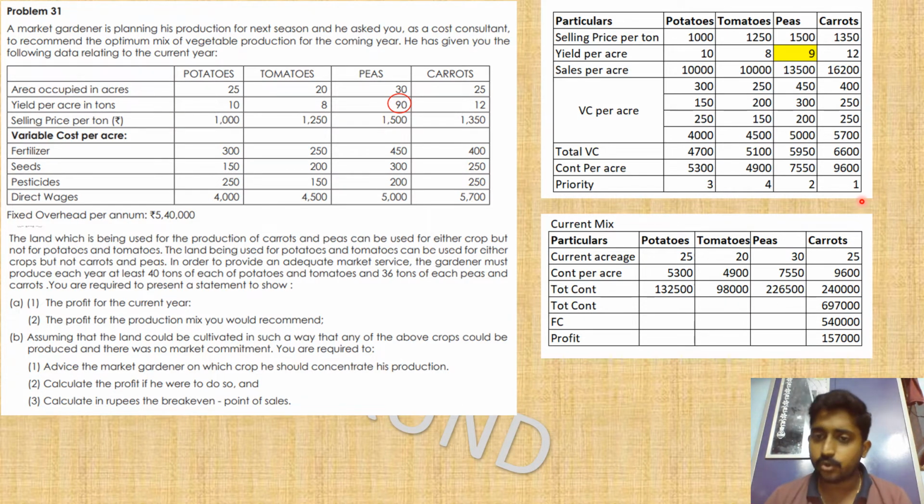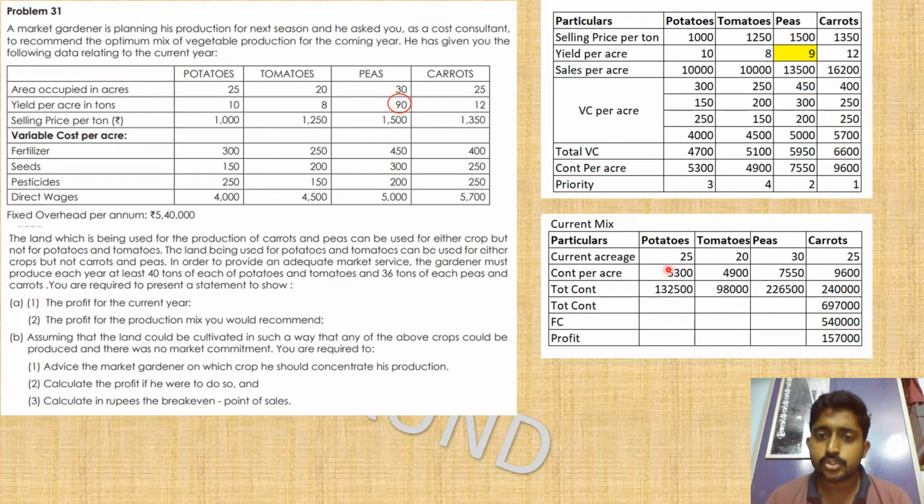Next, we are going to measure the profitability of the current mix. The current mix is 25 acres already given to potato, 20 acres to tomato, 30 acres to peas, and 25 acres to carrots. I am taking the current acreage and the contribution per acre we have already found.